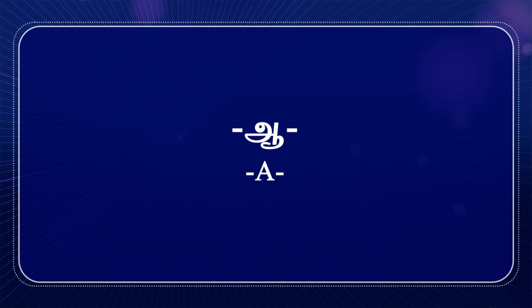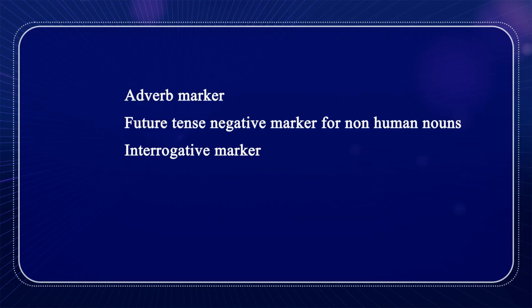The marker "a" is used in this lecture, which functions as adverb marker and future tense negative marker for non-human nouns. Besides, the marker "a" functions as interrogative marker in Tamil. Accordingly, the marker "a" has three functions, namely adverb marker, future tense negative marker for non-human nouns, and interrogative marker.